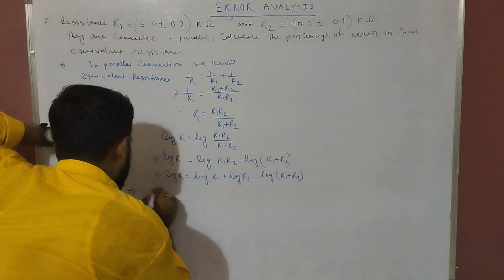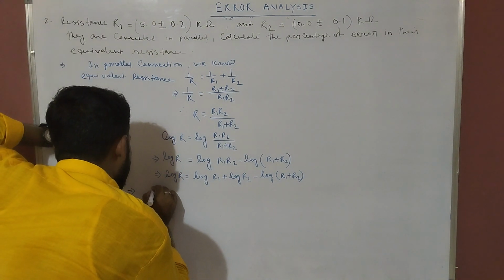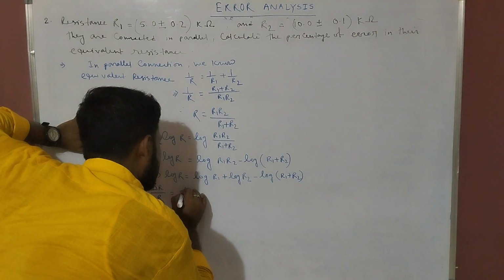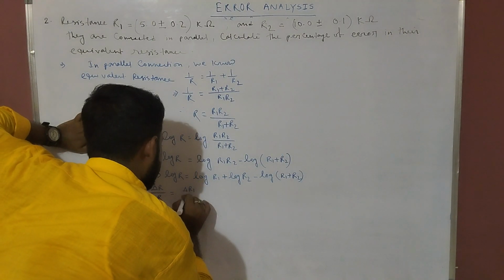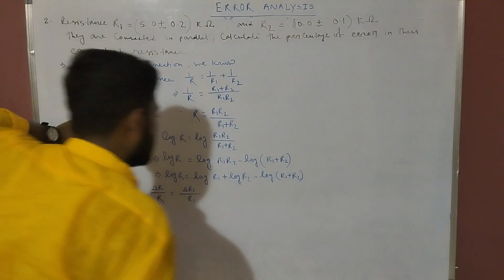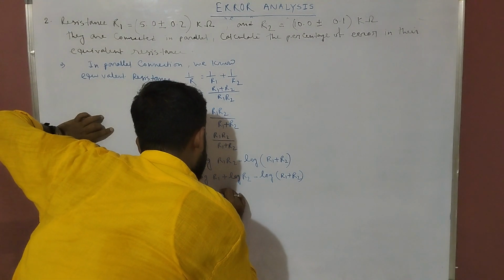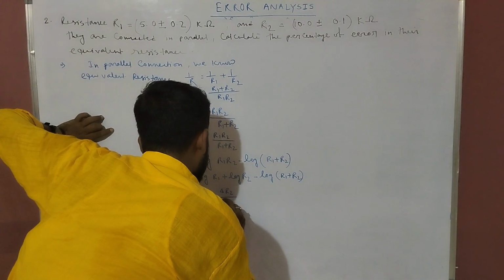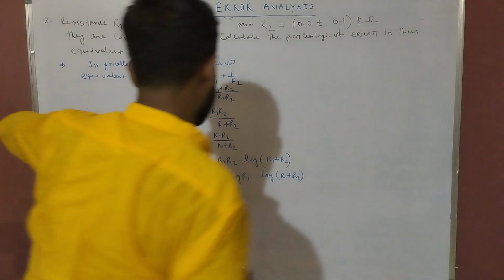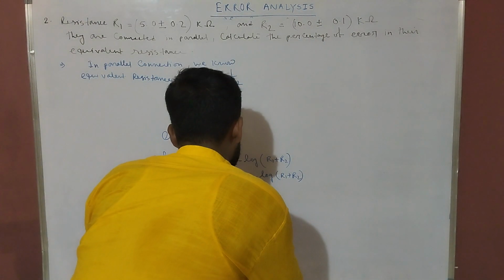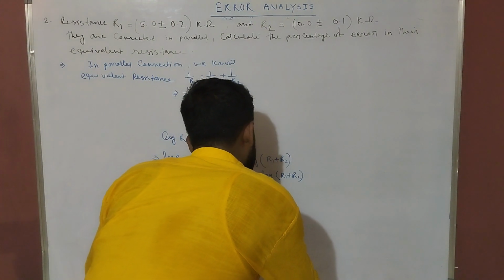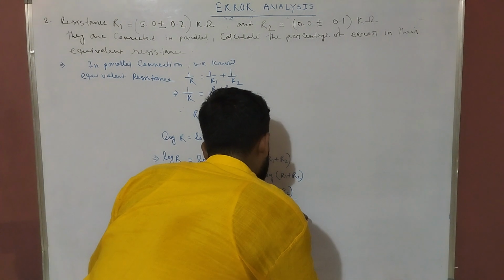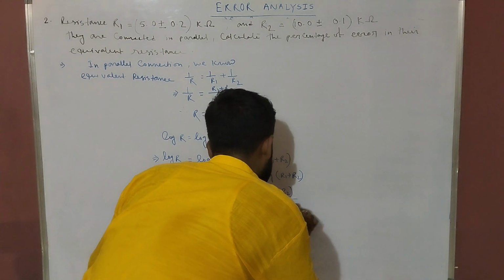Now by differentiating both sides, we get del R by R is equal to del R1 by R1 plus del R2 by R2 minus del of R1 plus R2 by R1 plus R2.